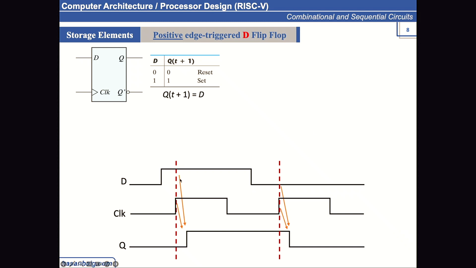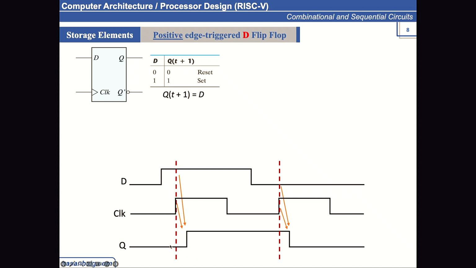So what we are saying here is, you see the value of D keeps on changing from 0 to 1, and this change in the input at D is reflected at the output Q only at the positive edge of the clock. Again, look, the D value is changed at this instant of time, but it is not reflected at the output.